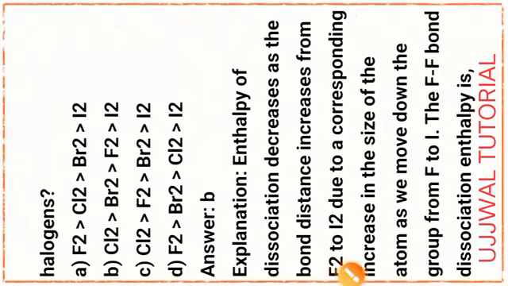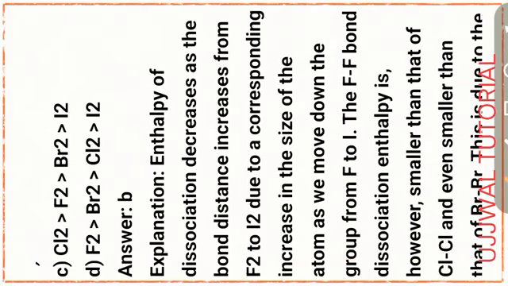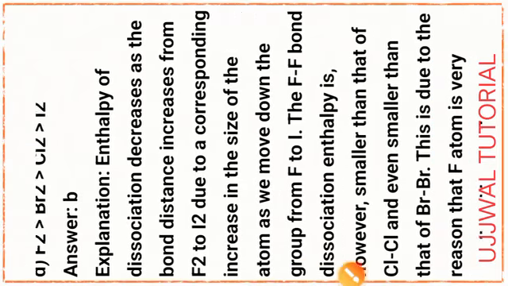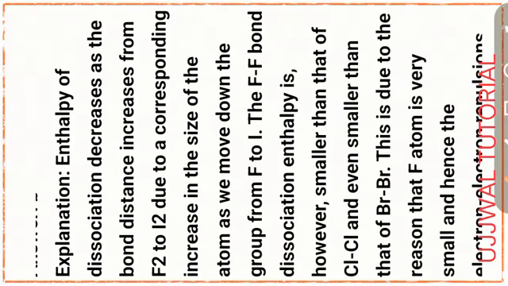Explanation: enthalpy of dissociation decreases as the bond distance increases from chlorine to iodine, due to the corresponding increase in the size of the atom. The fluorine-fluorine bond dissociation enthalpy is, however, smaller than that of chlorine-chlorine and even smaller than that of the bromine-bromine bond.